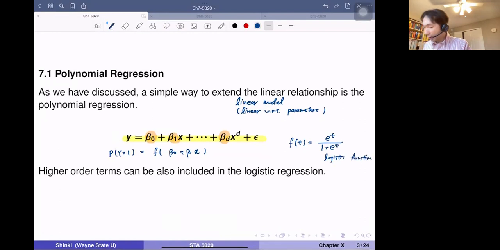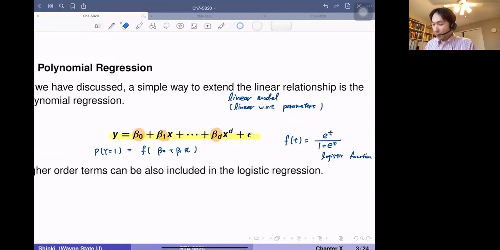One characteristic is we don't have an error term, but that is because we have already taken expectation. Probability is a special case of expectation. Then this model can be modified by adding more terms, such as beta 2 x squared up to beta d x to the d. This can be estimated in the same way as the usual logistic regression.